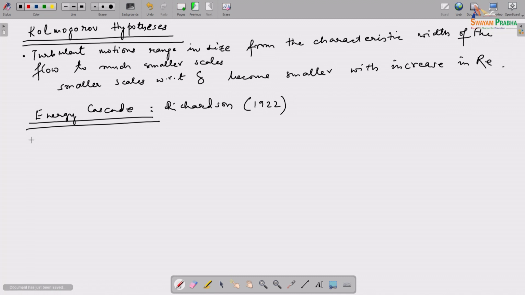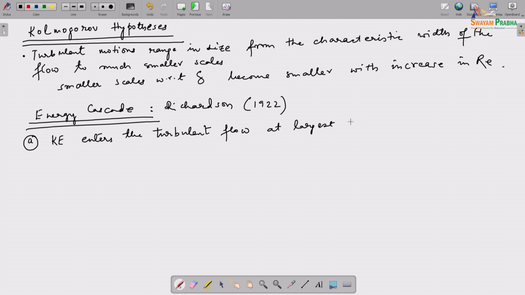Okay. Now, it was Richardson who gives us these clues about that. Okay. So kinetic energy enters the turbulent motion at the largest scales.